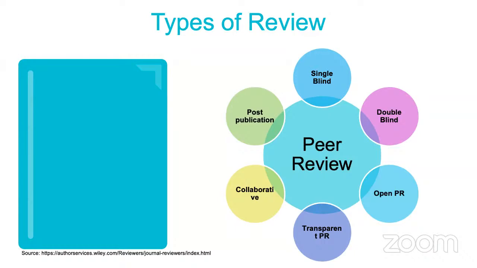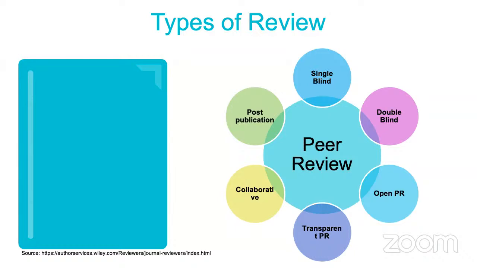And in case of collaborative peer review, one or two peer reviewers will be assigned to the particular article, and then that particular author has to work under the supervision of that peer reviewer. That is called collaborative review.